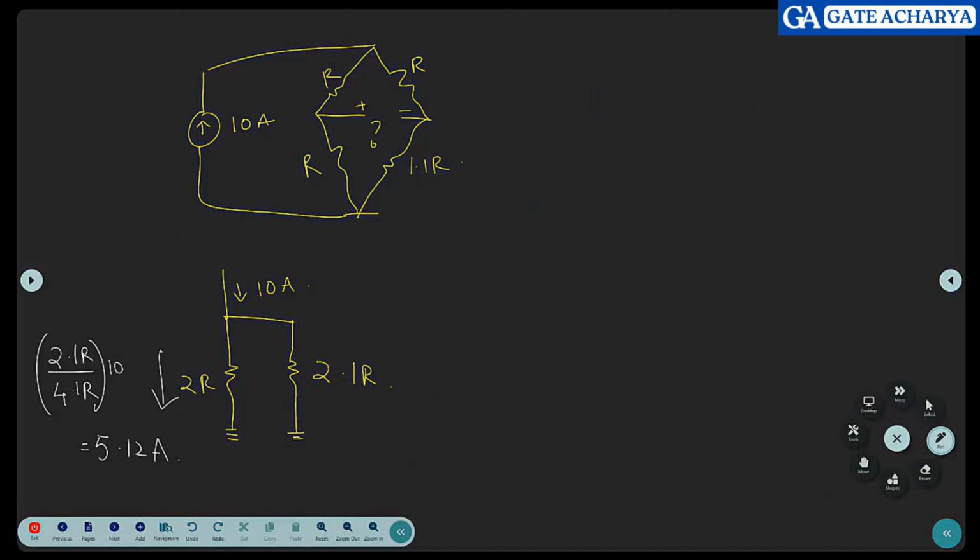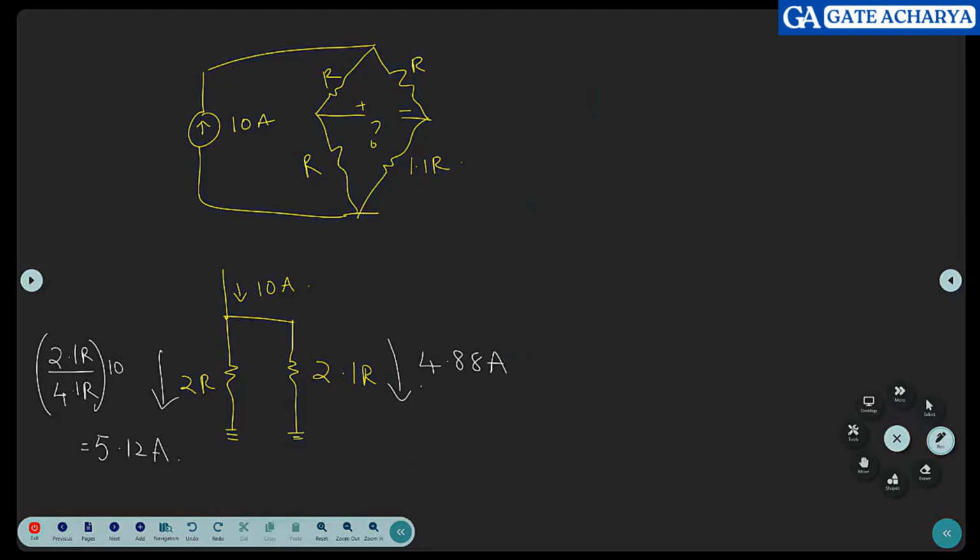And what will be the current here? You don't have to calculate. Out of 10, 5.12 is gone here. How much will be left here? 4.88. Current division. Smaller resistance, more current. Greater resistance, less current. Basic stuff. 5 minutes, 10 minutes you spend, you will get it.